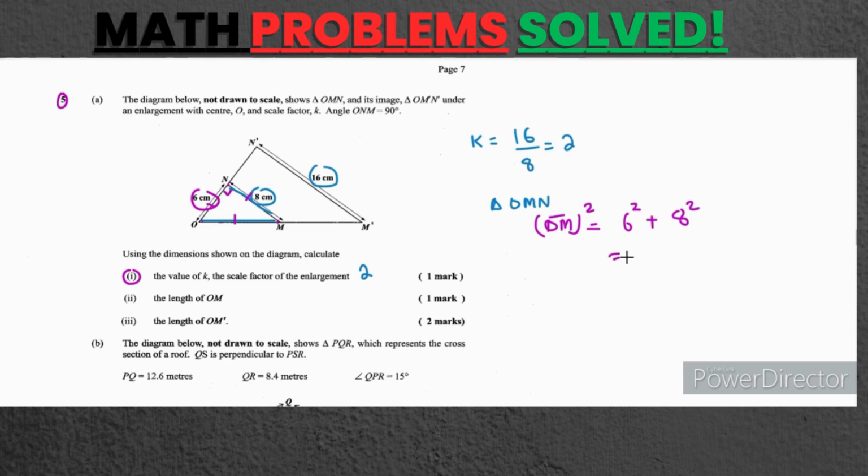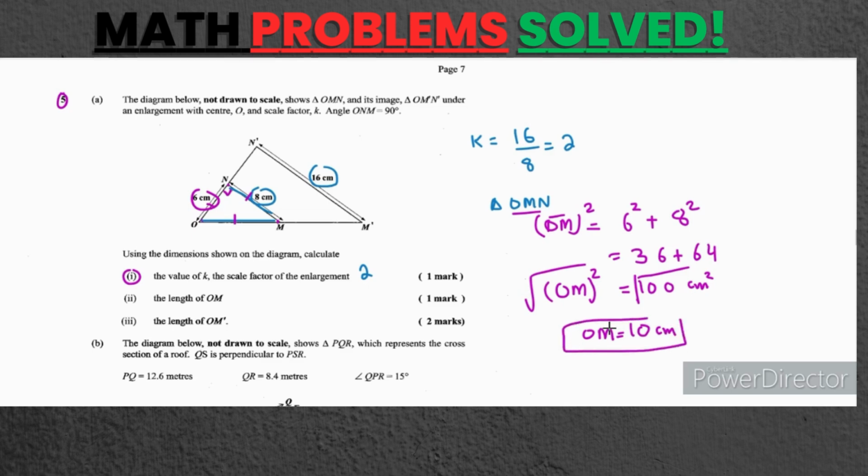So what is 6 squared? 6 squared is 36, and 8 squared is 64. If we add both of them, you will get 100 centimeters squared. That's the side OM, the hypotenuse of triangle OMN, right? If we take the square root on both sides, OM will be just 10 centimeters. So the unknown side OM is just 10 centimeters.